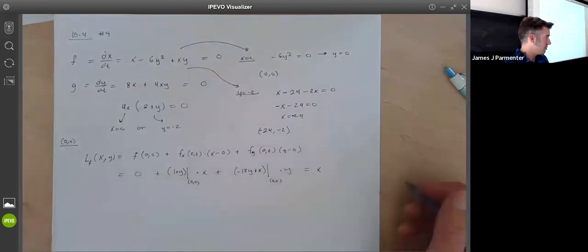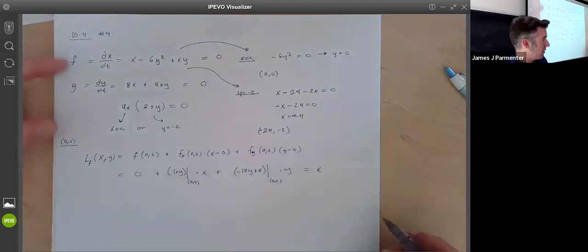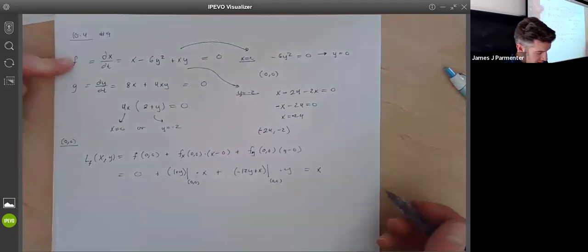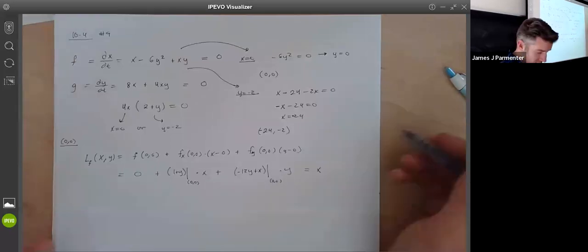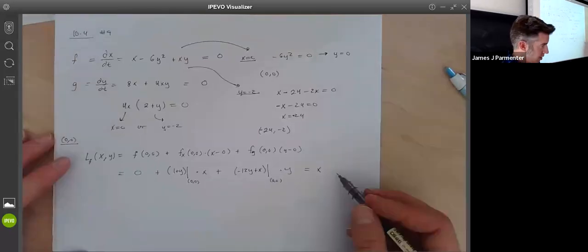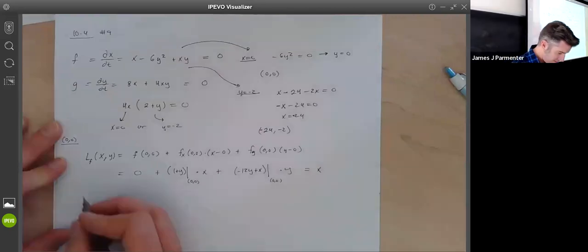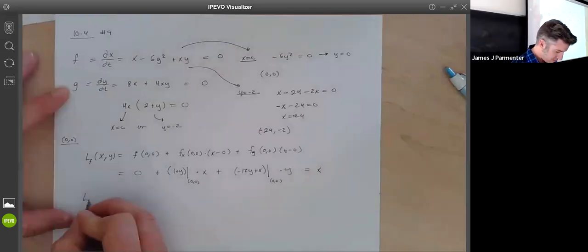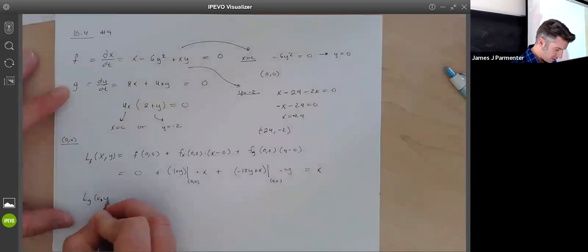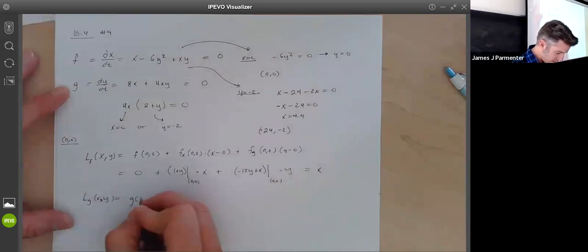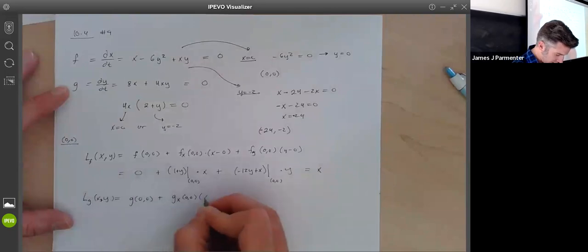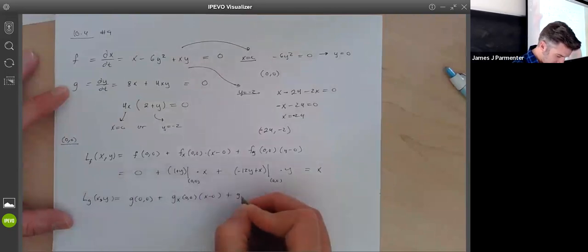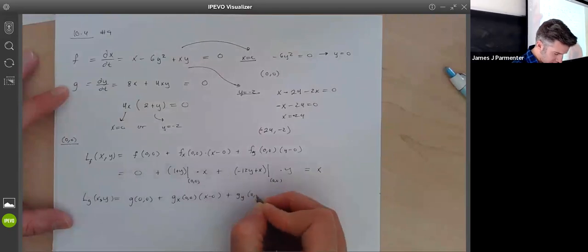So our linearization of this first differential equation near the equilibrium 0, 0 is just x. Okay. And then we can do the same thing for the second one. That's going to be g at 0, 0 plus the partial of g with respect to x at 0, 0 times x minus 0 plus the partial of g with respect to y at 0, 0 times y minus 0.